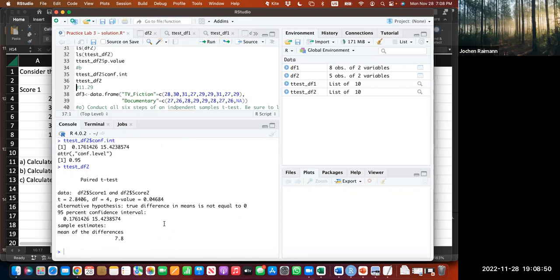The only thing to pay attention to is that it's a two-tailed test, so it doesn't distinguish whether it subtracts score 1 from score 2 or score 2 from score 1. This plays a role if you extract the percentage data. Just pay attention that you understand in which direction R approached your data. It may not be the way you want to present it, so you can readjust that, but we can leave that out for now.